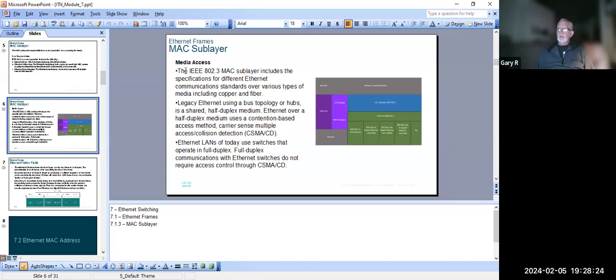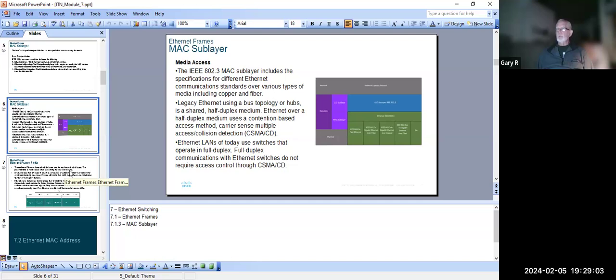Now, they refer to 802.3 and 802.2 and how these are applicable to the OSI model and these layers. But out in the real world, we're not using generally 802.3 or 802.2. What we're using is Ethernet II, which is a frame type that has been put into practice. So it's a standard de facto is what it's called, rather than a standard de jure.